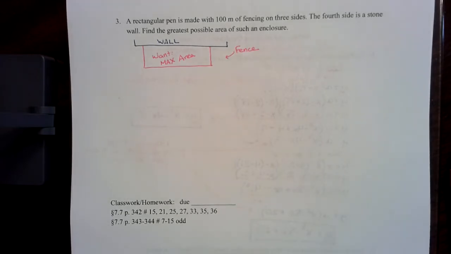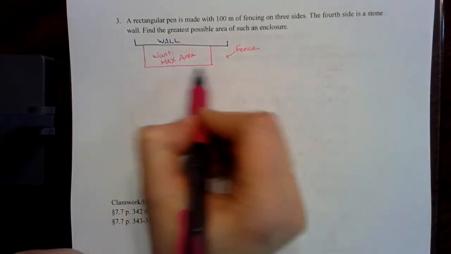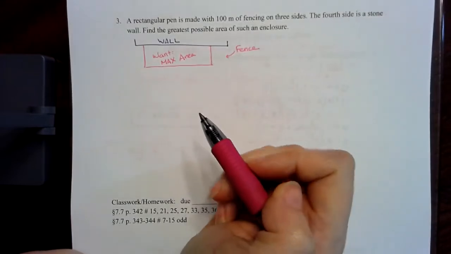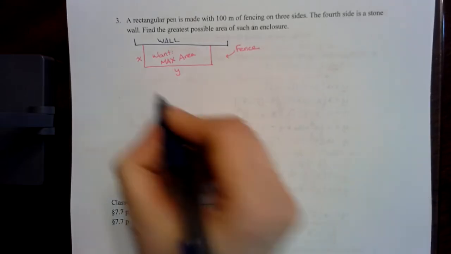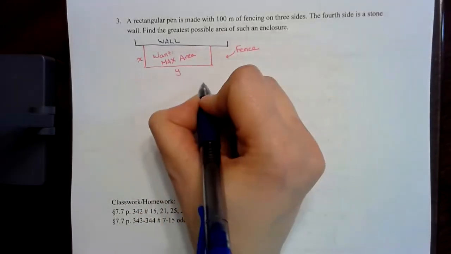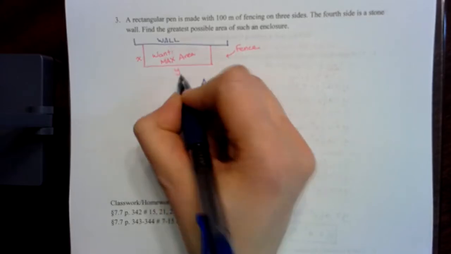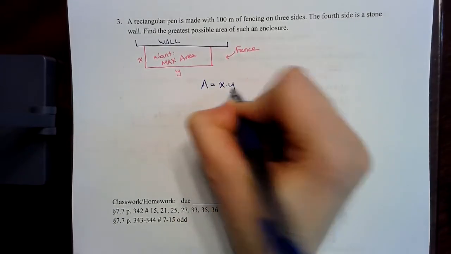Well, if I want to find the maximum area, I will need a formula for area. And right now, I don't know any of the dimensions of this shape. So let me throw some variables down so that we can write an equation. So the area is just going to be x times y.